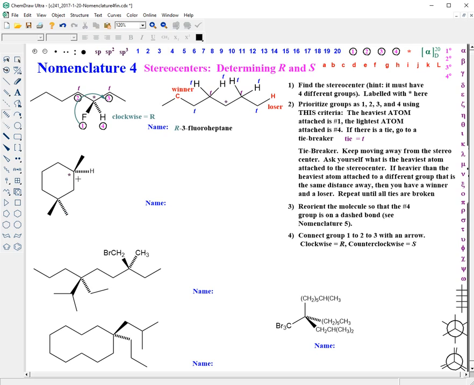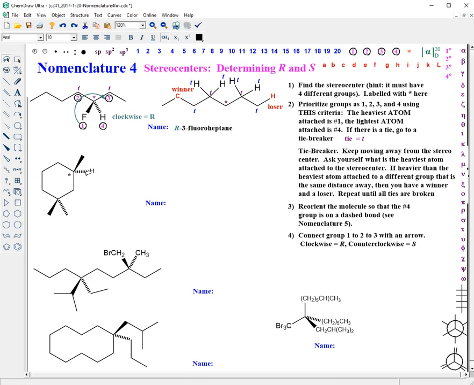Let me describe the 4 different groups on this stereocenter, which is what makes it a stereocenter. Methyl, hydrogen, CH2 attached to a branched C, CH2 attached to a C that is not branched. That C is clearly different. Whoops. That C is definitely different than this C down here. So we have one stereocenter in this molecule.